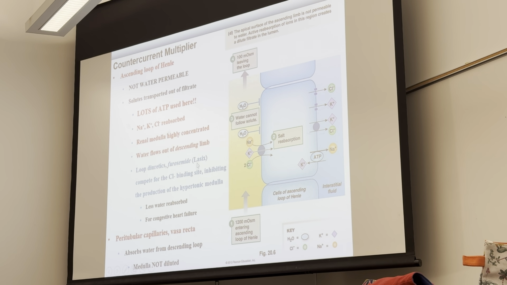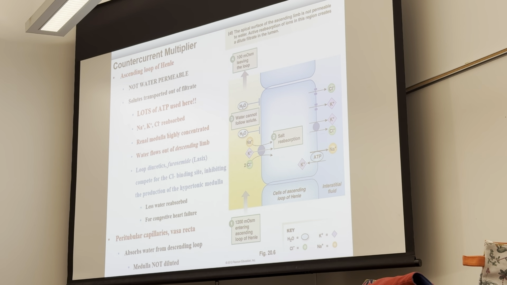And this, I kind of want to mention to you, you all heard about Lasix, right? Furosemide, which sometimes refers to the loop diuretics. So the loop here is the loop of Henle. What they do is bind to the chloride binding site, and they are trying to prevent making the high osmolarity of the medulla.